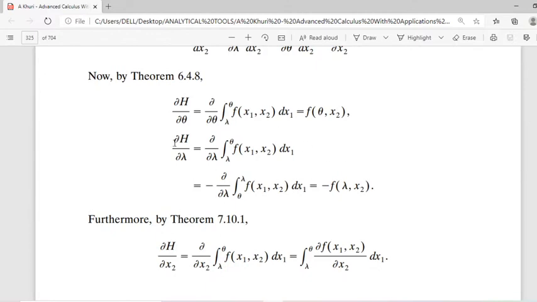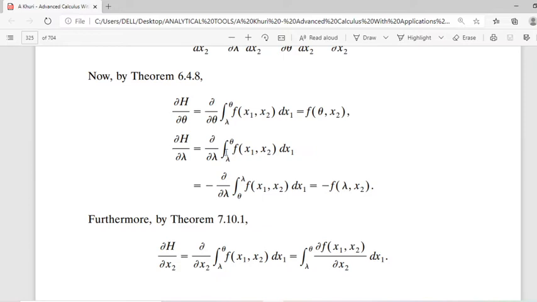So similarly, what will be dou h by dou lambda? It is dou by dou lambda of the integral from lambda to theta of f of x1 comma x2 dx1. But you can consider this as minus integral from theta to lambda.